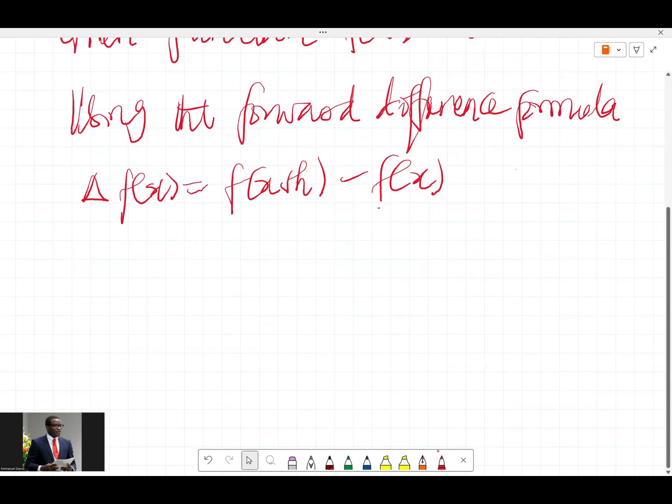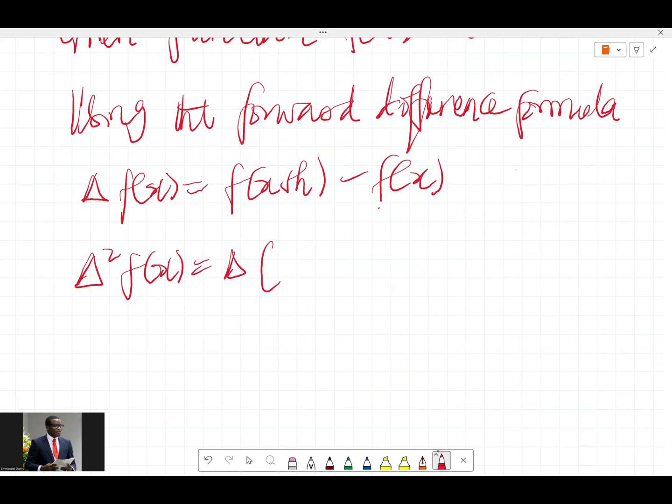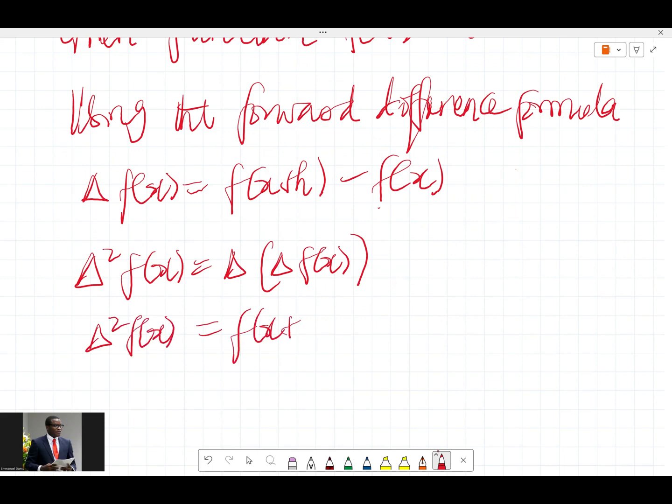Then the second difference is delta squared f of x, which is equal to delta of delta f of x, and that tells you that delta squared f of x is the same as f of x plus 2h minus 2f of x plus h plus f of x.